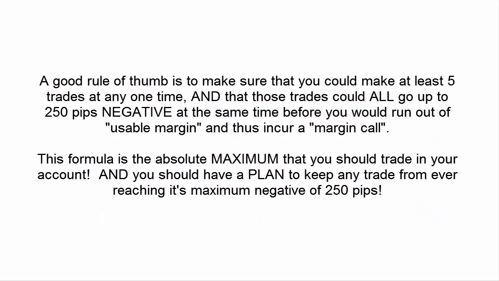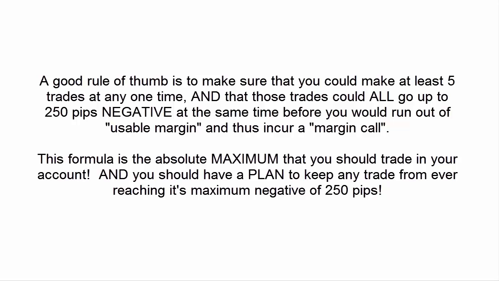A good rule of thumb is to make sure that you can make at least 5 trades at any one time, and that all of those trades could go up to 250 pips negative before you would run out of usable margin and thus incur a margin call.